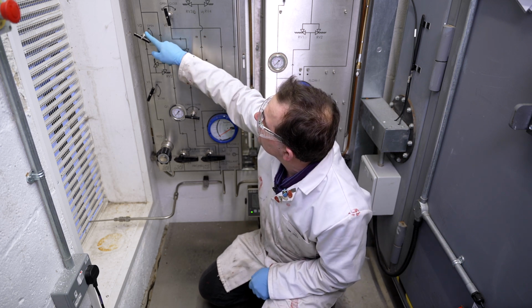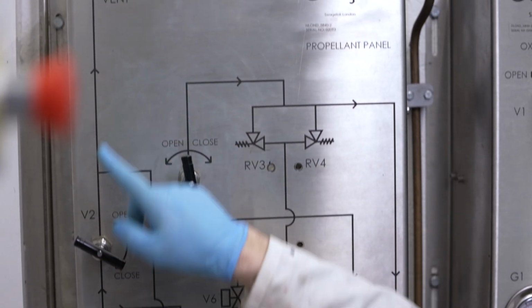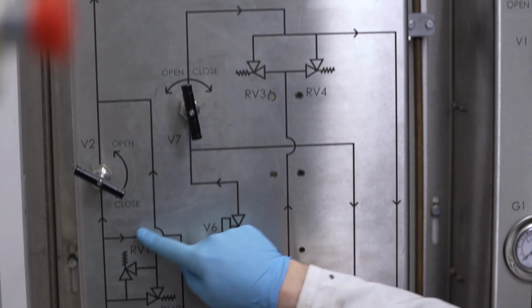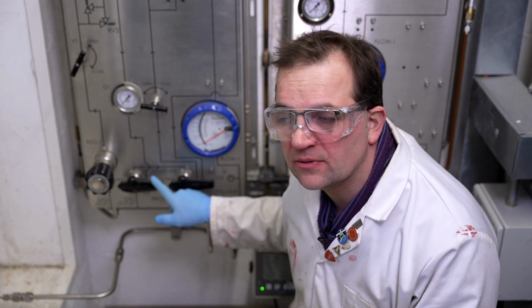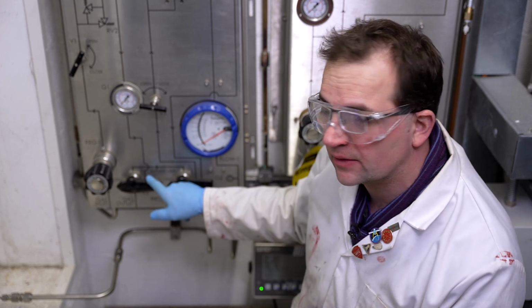Now, if we were to open this particular valve, V2, it would go up and vent. Okay, so this one will remain closed during normal operations, and then it will go through the gauge and then through this, a slightly complicated affair, but we use this to pressurize a separate pressure container if required.